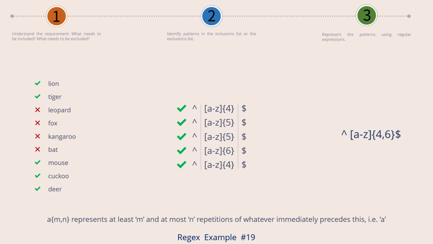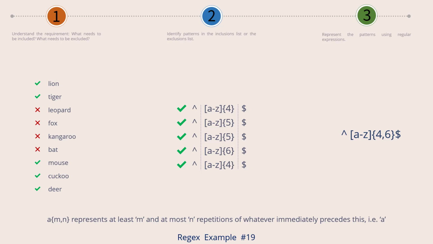We have to come up with a single regex pattern that can represent all the green words. So we again use the character class A-Z and follow it with a repeater range from 4 to 6 and enclose it within anchors.